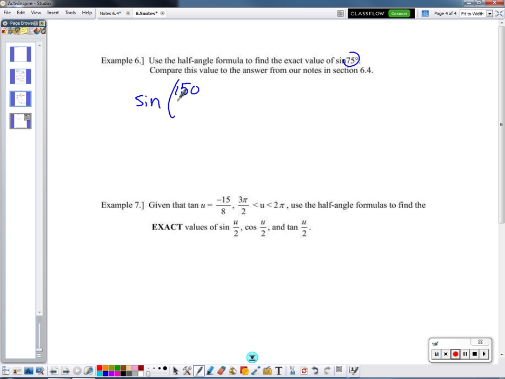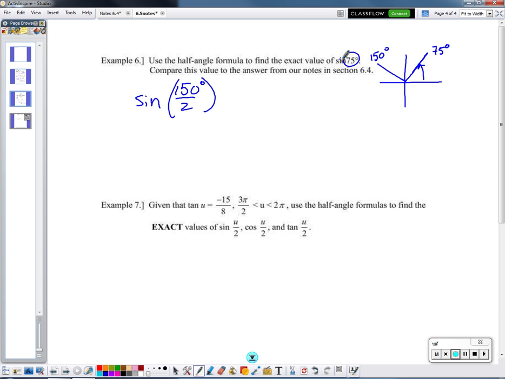75, remember, is in the first quadrant, right? 75 degrees, that's between 0 and 90. However, 150 is in the second quadrant. So when I'm looking at the different positive or negative signs, remember, it's always about the original u over 2 where it is located.